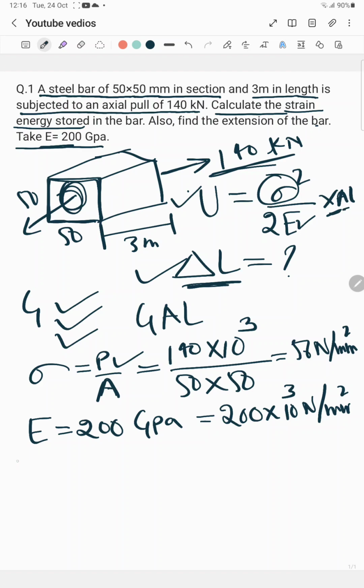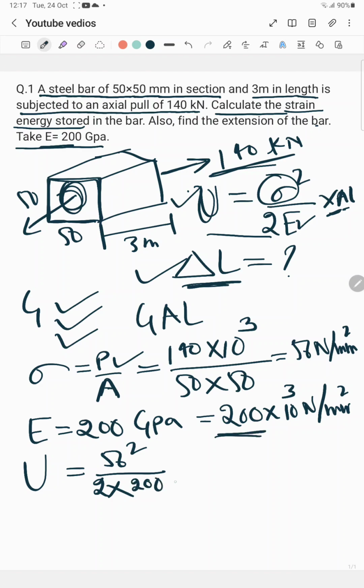Now we can directly put the values in this formula so that we can find the value of the strain energy. That is U is equal to 56 square by 2 into E value, which is 200 into 10 to the power 3, into the area, that is 50 by 50, into length, which is also given, that is 3 meters.